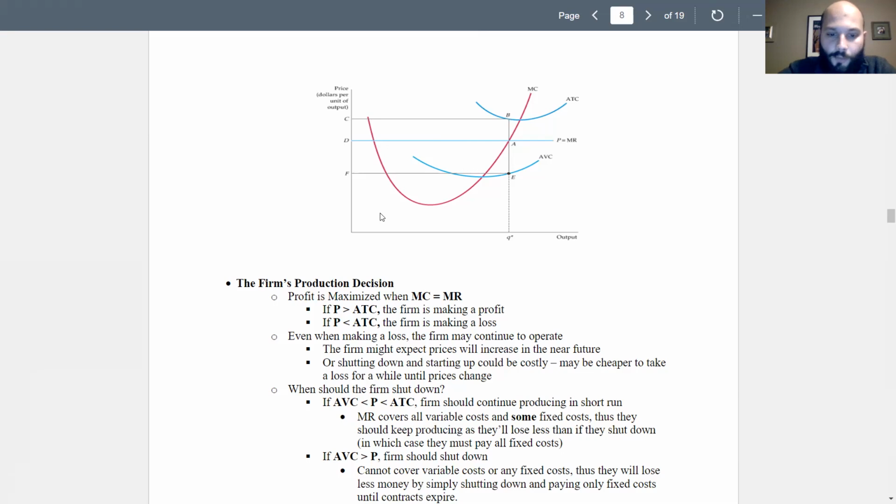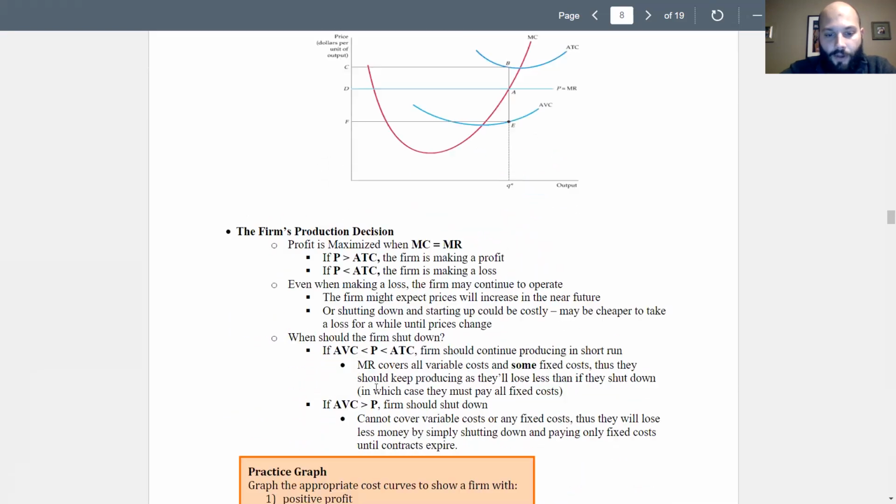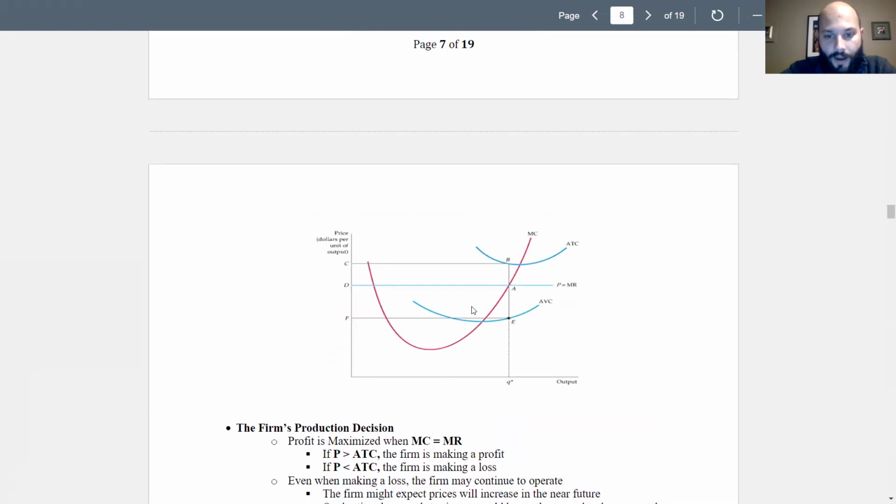But in the short run, what we can say is that ultimately the firm's shutdown decision will be comparing average variable cost to price. If average variable cost is greater than price, the firm should shut down. If average variable cost is lower than price, the firm should stay open. Again, I'll show a mathematical example of why this is the case.